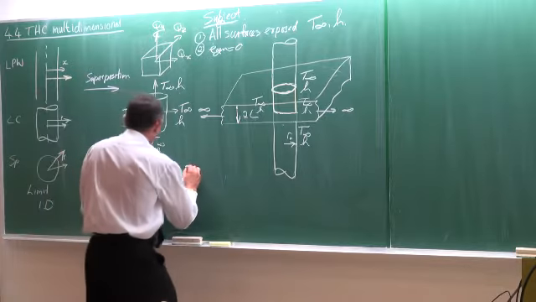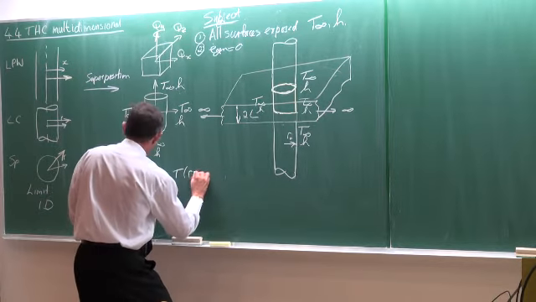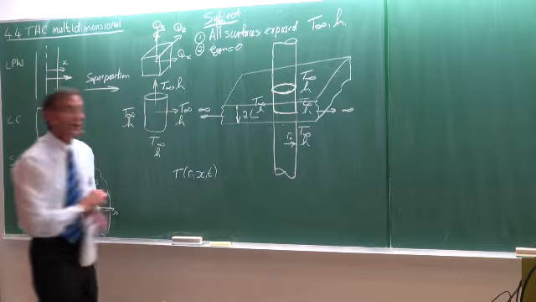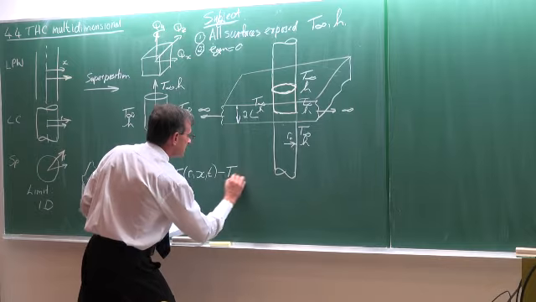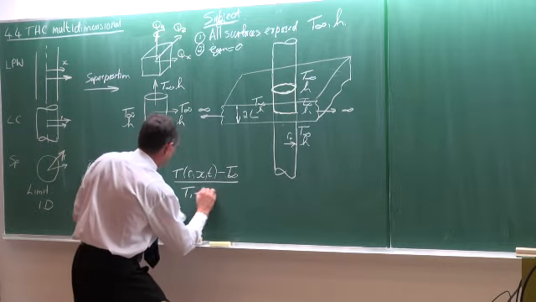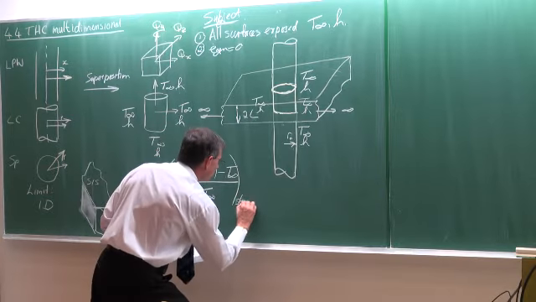And the result of this would now be that the temperature, which is now a function of R, X, and T, so now it is a two-dimensional heat transfer problem, minus T infinite divided by Ti minus T infinite for now what we call the short cylinder.